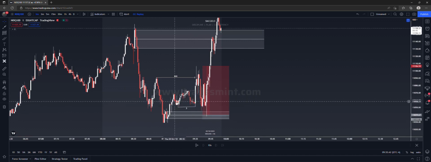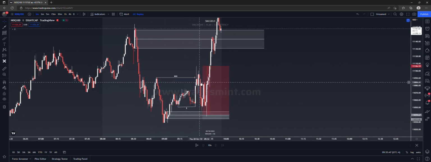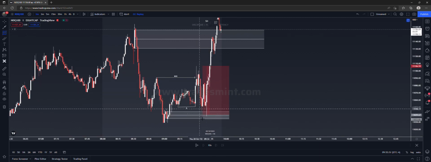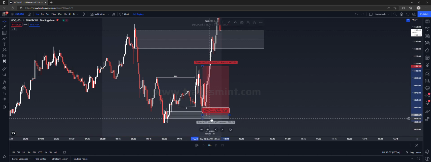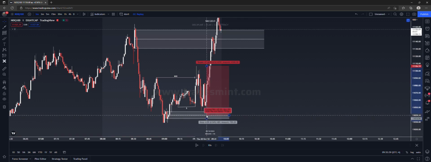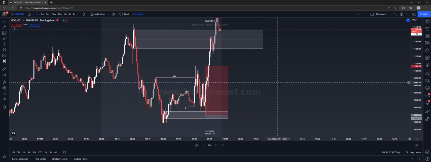Okay. That was liquidity. So price shot up, broke structure, immediately came back down and tapped into our demand zone. Okay, so this was better than an 11R. It was a 14R.